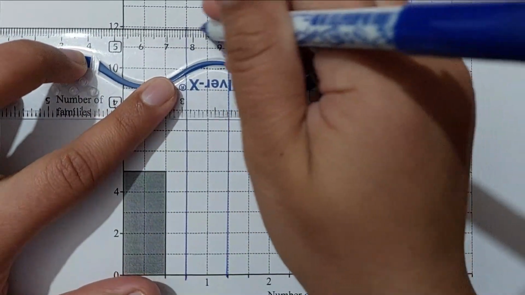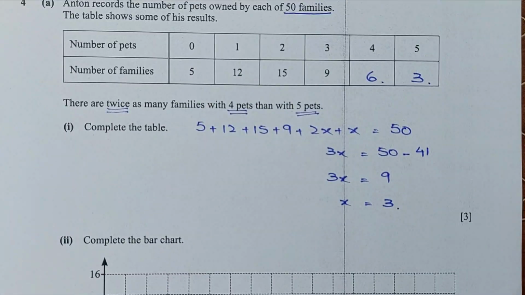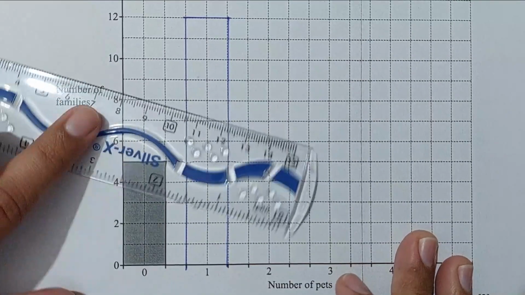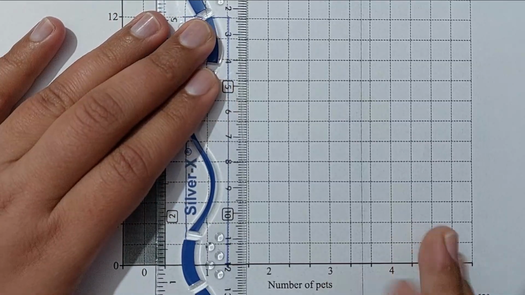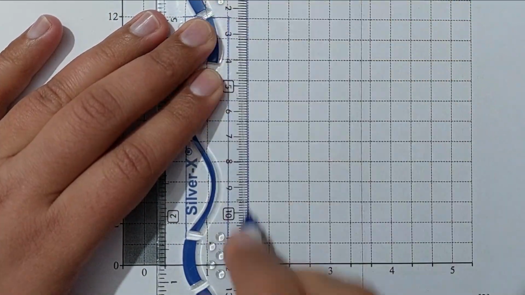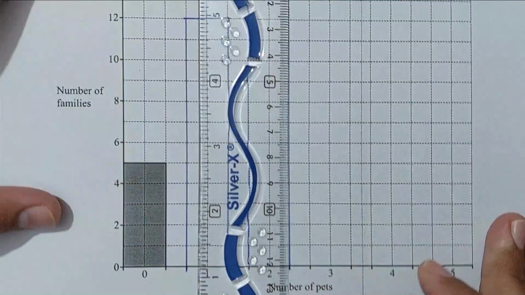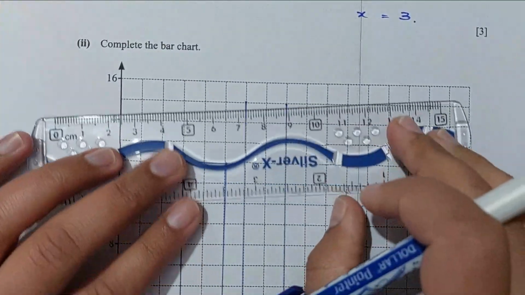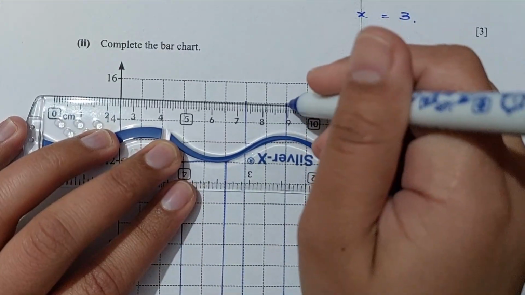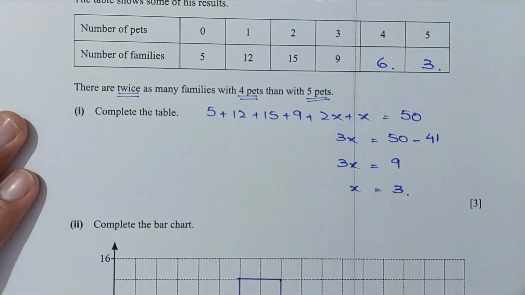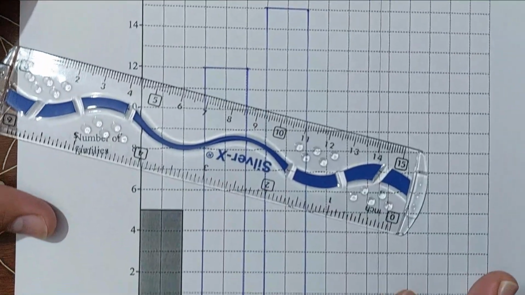All right, the next is 2 pets, 15 families. For 2 we have to pick 15. This is 2 and here we have 15, between 14 and 16. Okay, 3 pets, 9 families.